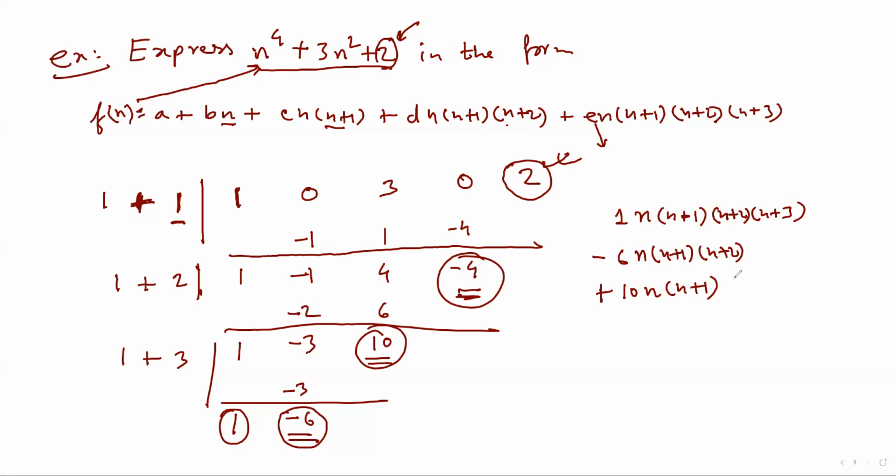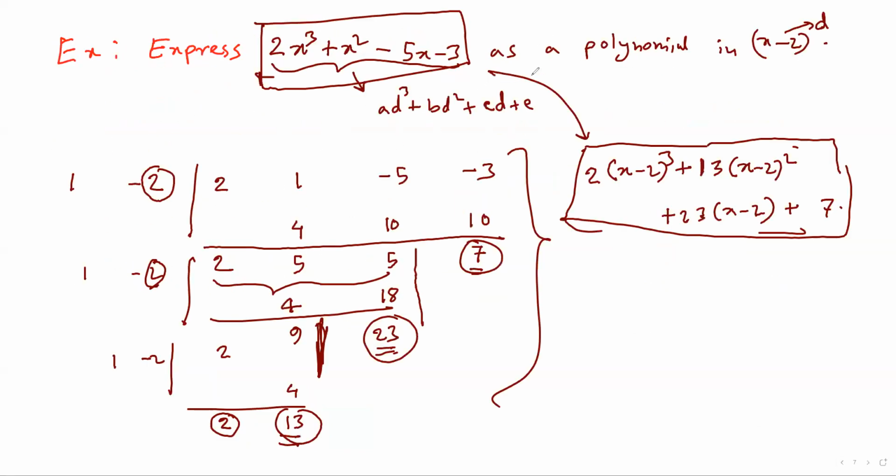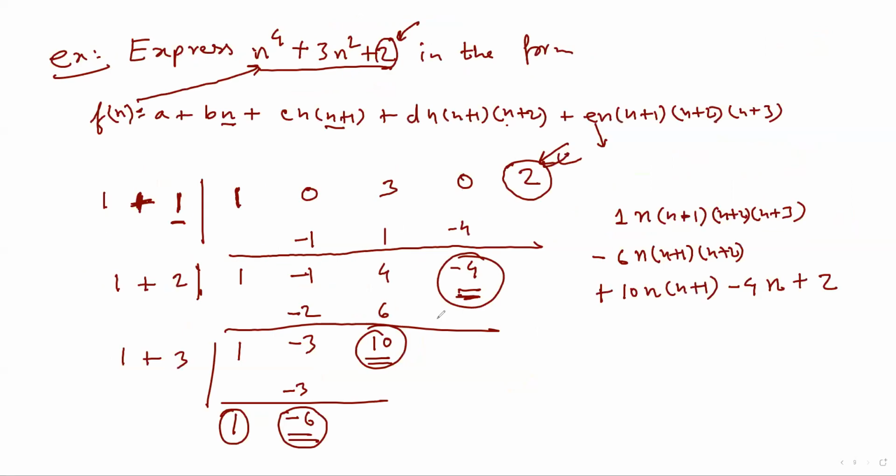Then comes minus 4 n. And the final remainder is the constant term, plus 2. So we use the same technique, but in the last cases, we had to divide by the same divisor because we had to express in powers of that divisor. But here, the divisor changed at each step, right? So this should be the answer.